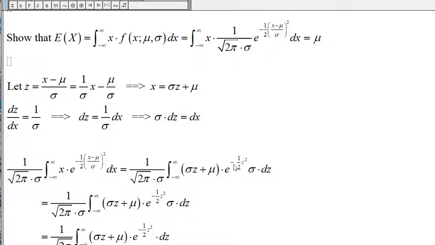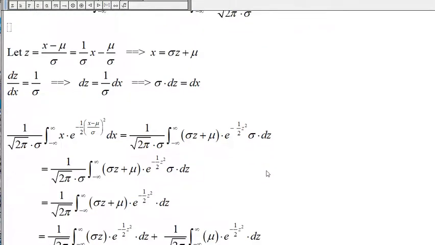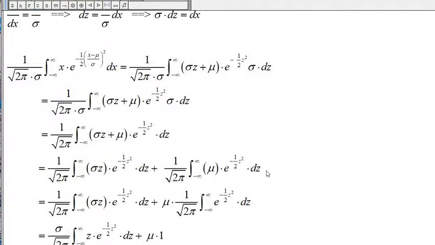So we get negative 1/2 z squared. dx is sigma times dz. Sigma dividing by sigma is 1.